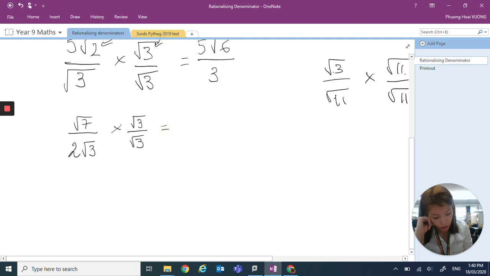So now square root of 7 times square root of 3 is square root of 21 over, keeping outside numbers together, keep the inside numbers together. Square root of 3 times square root of 3 is just 3. Neaten that up. Square root of 21 over 2 times 3 is 6. And that's it.